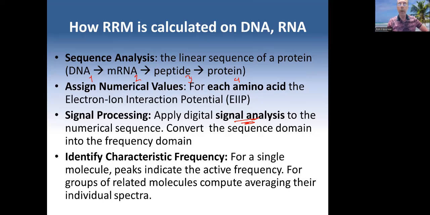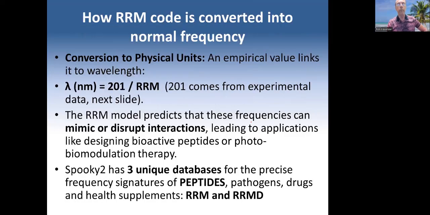All those amino acids have a specific primary order, and of course also a three-dimensional structure. How did they convert it to a normal frequency? They gave it a number: the length of the string, divided by 201.